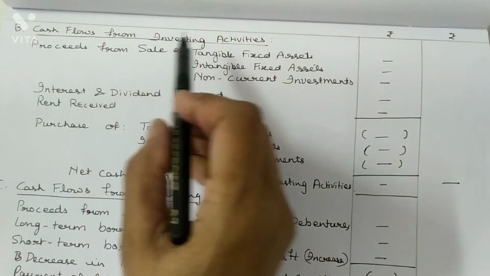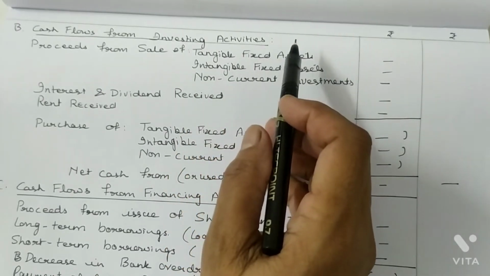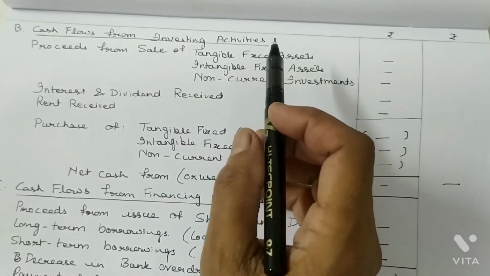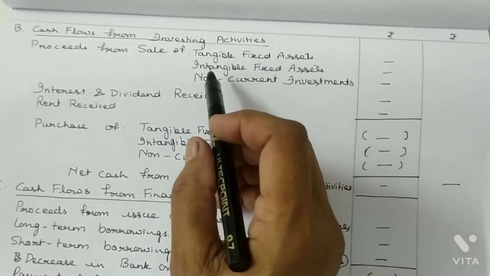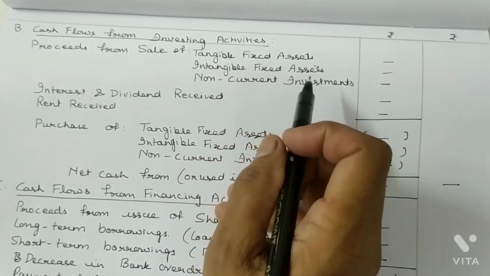B. Cash flow from investing activities. In investing activities, only fixed assets, whether intangible or tangible, and non-current investments should be shown.